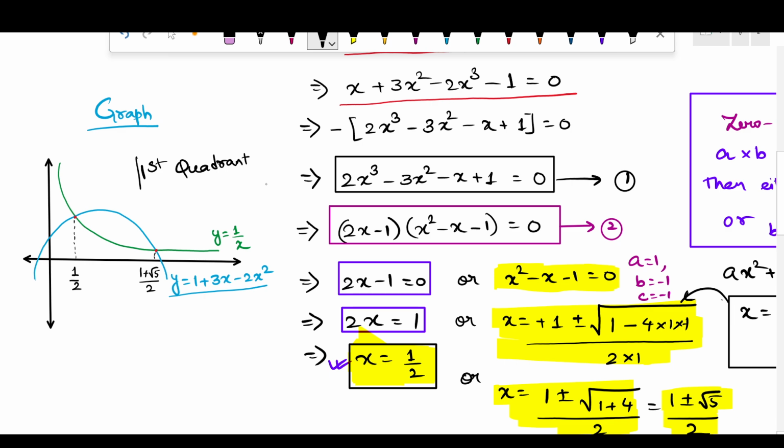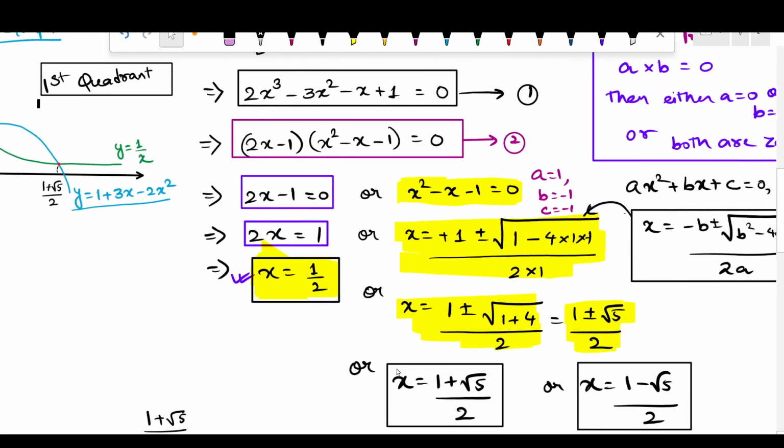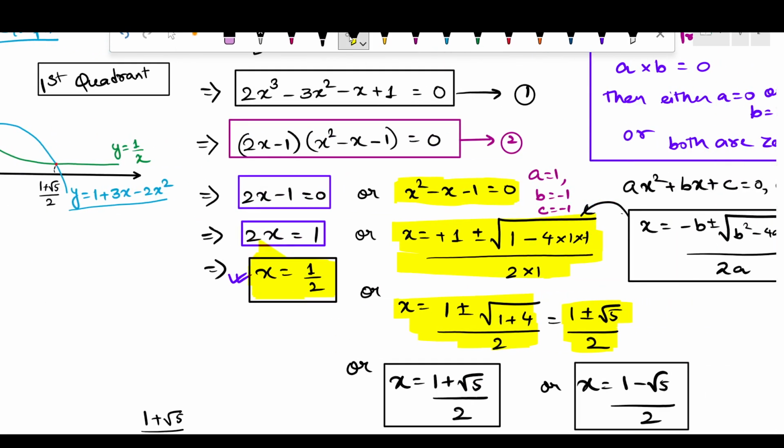The values of x and y both are positive in the first quadrant, but if you see here, 1 minus root 5 by 2, its value is negative, so this root is discarded, right? So we have this root only, 1 plus root 5 by 2.